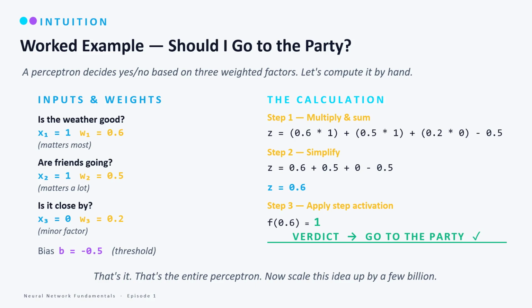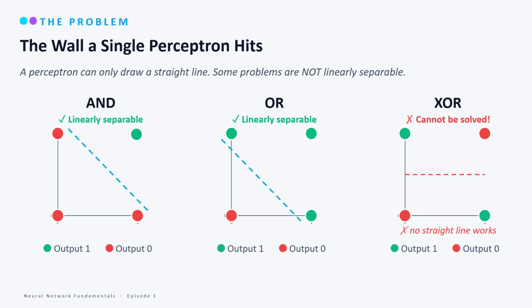Is 0.6 above 0? Yes. The neuron fires. We go to the party. That is literally the entire Perceptron. Now imagine doing this a few billion times. That is ChatGPT. But, and this is a big but, the Perceptron has a problem, a big problem.